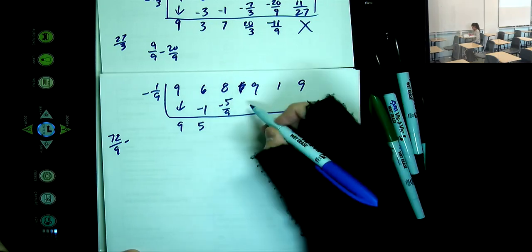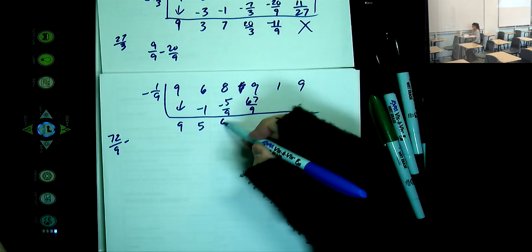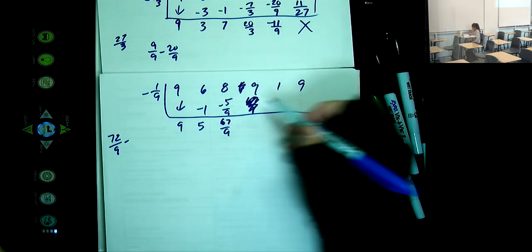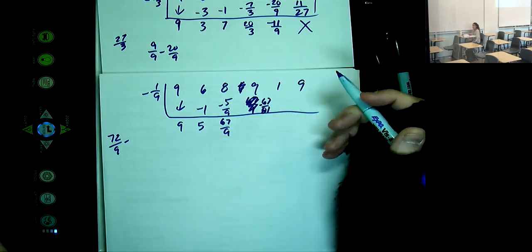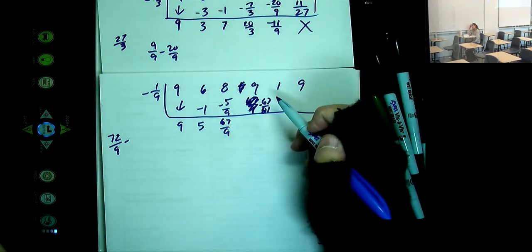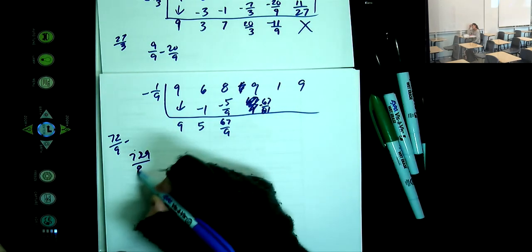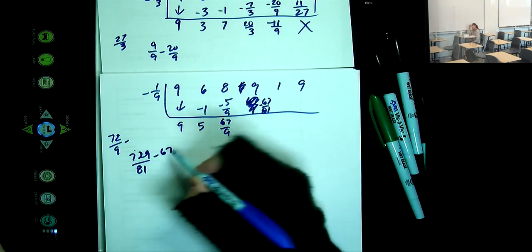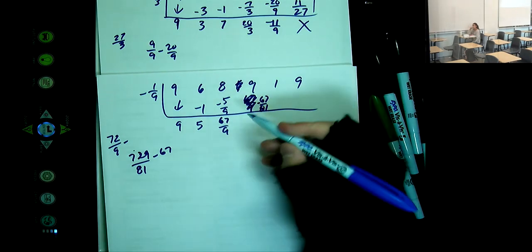Minus 5/9 is 67/9. This is negative 67 over 81. This is getting out of control. 9 times 81 is 729. Minus 67 is 632.